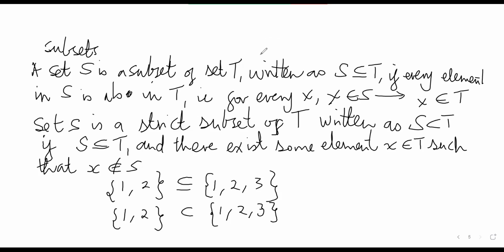Strict because 3 is here, but it is not here. That is the definition of a strict subset: there exists an element X, which is a member of T, such that X is not a member of S. When that happens, then S is a strict subset of T.